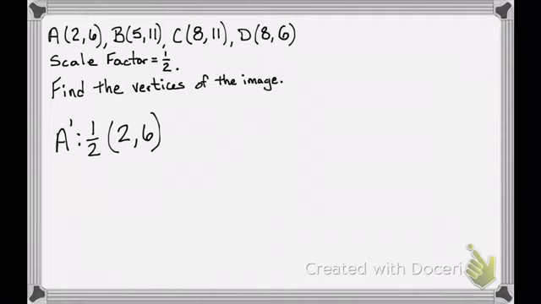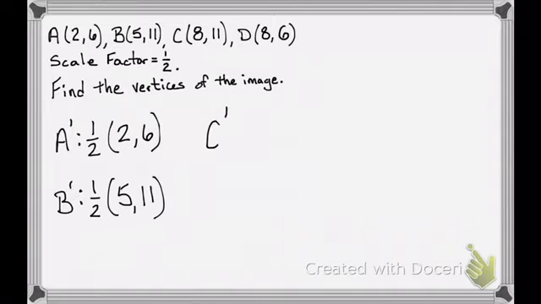To get B prime, we repeat this process. B prime is simply going to be half of its coordinate, 5, 11. We go on to C. C prime is going to work exactly the same way. C prime is going to be half of the coordinate of C, which is 8, 11.